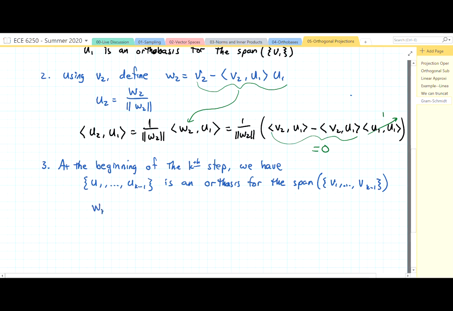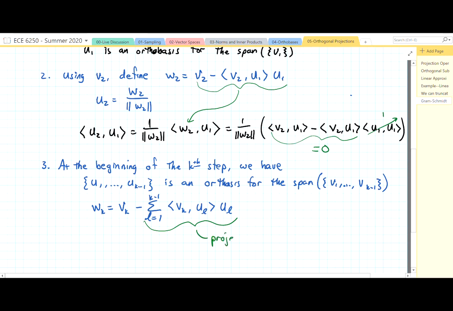But for now, we'll just assume that all of our v's are linearly independent.